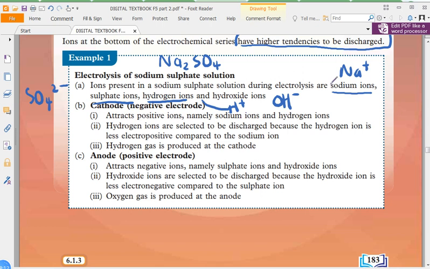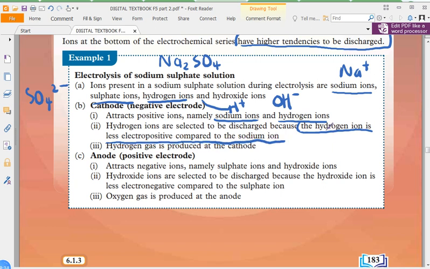So it will attract sodium ions and hydrogen ions, which are positively charged. Then next step, now we determine hydrogen ions are selected to be discharged because the hydrogen ion is less electropositive if compared to sodium ion.